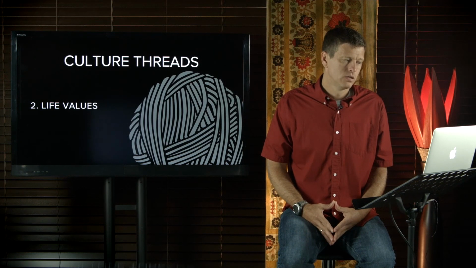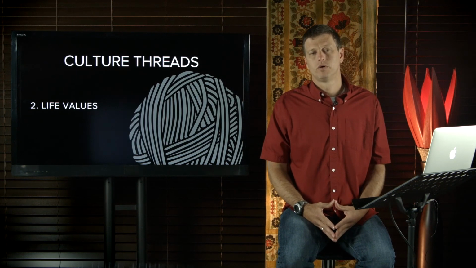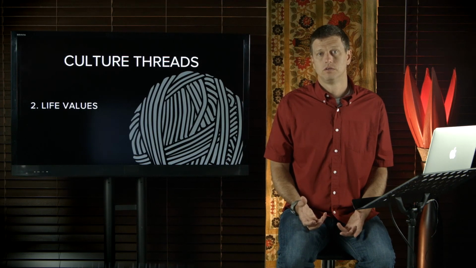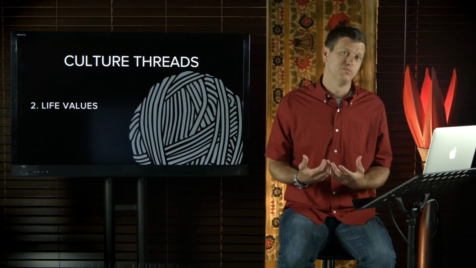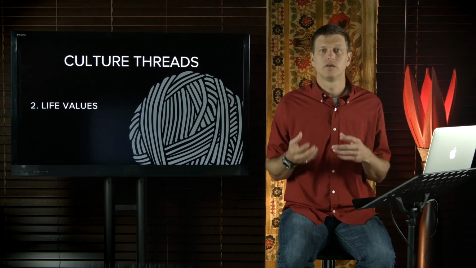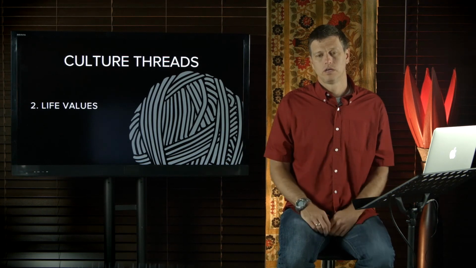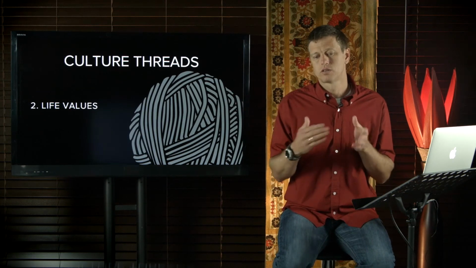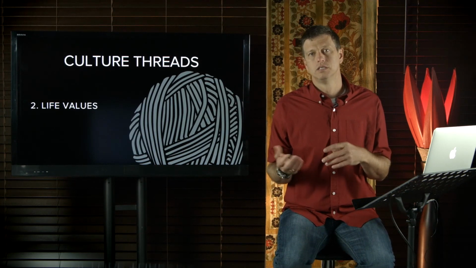A second important value that we want to evaluate is the idea of authority. Who has authority in a group? Which people in the society are viewed to have authority? And that varies from society to society. And how do we see that authority expressed practically?